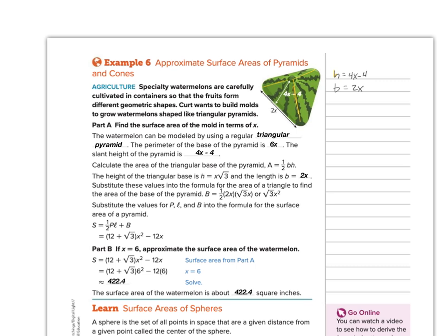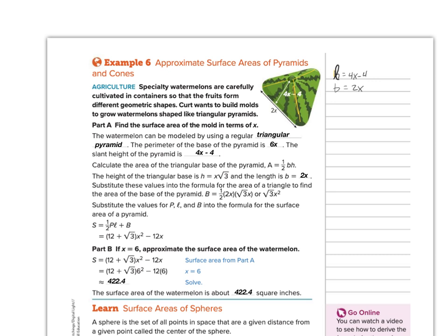The surface area or the lateral area, just being able to distinguish that. And I don't know why somebody would make a triangular watermelon, but hey, the things we do to get a word problem in math sometimes. So here's my triangular pyramid, and this is the lateral height, which is important.